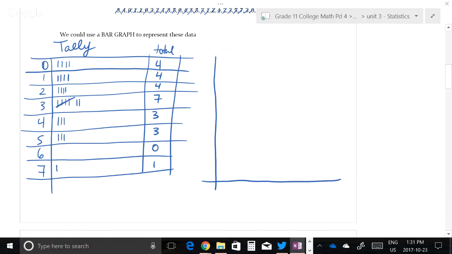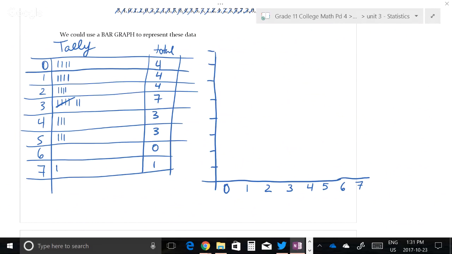We would do this. And we would very neatly, of course, 2, 3. How high is this going to have to go? Yeah, we'll go to 8 just for one extra. Okay.